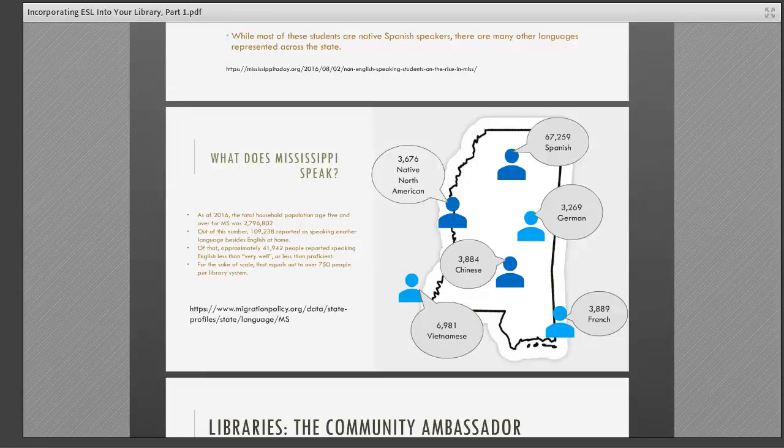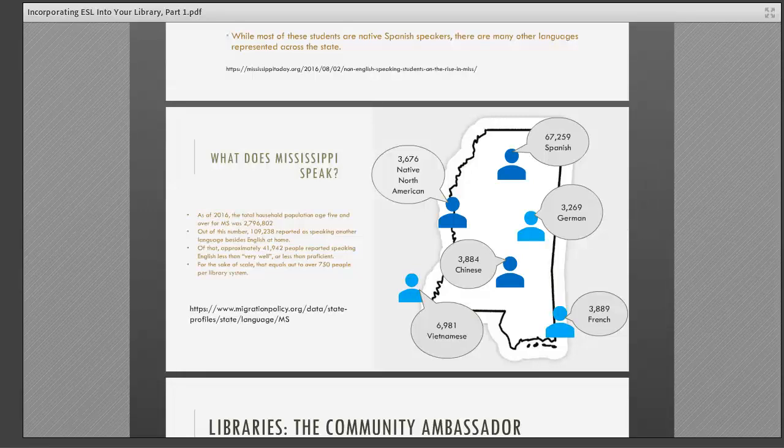As of 2016, the total household population age 5 and over for Mississippi is about 2,796,802. I know the overall population of Mississippi, if you go to Data USA now, is about 2.99 million.